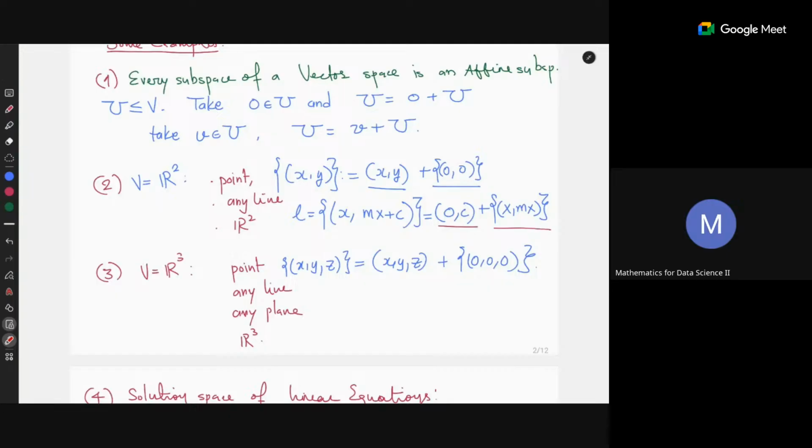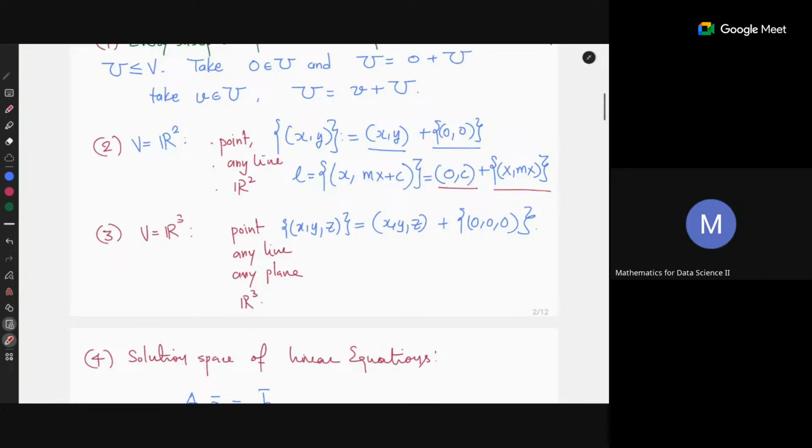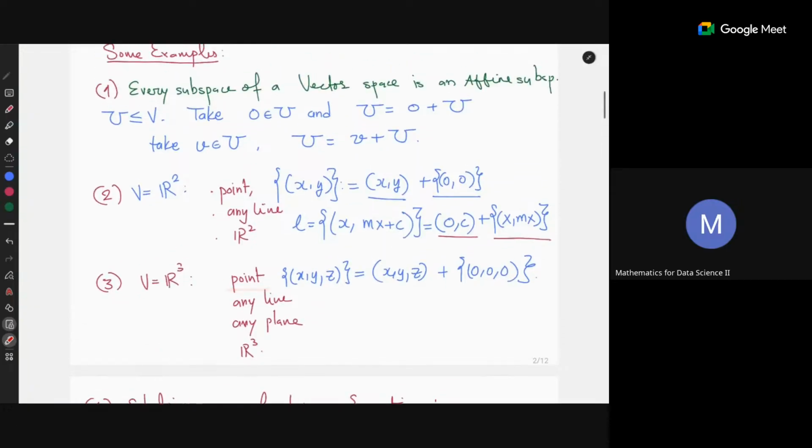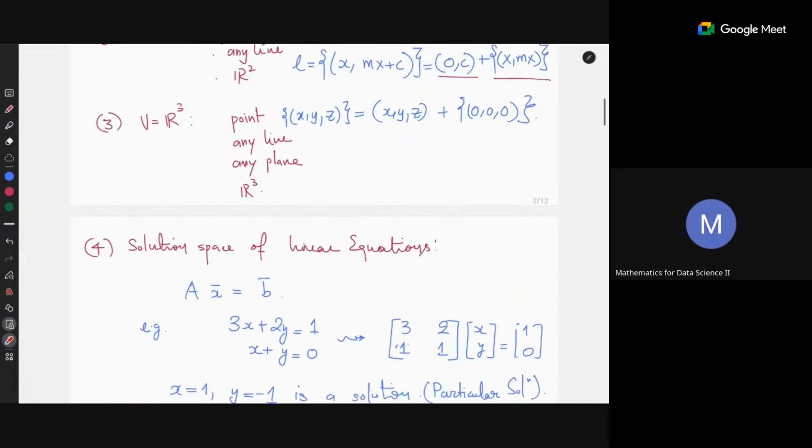Similarly, in R3 also, you can take any point, as I said, that will be an affine subspace. Any line will again be an affine subspace by the same argument. Any plane will also be an affine subspace, and the whole R3 will again be an affine subspace because it's a subspace.